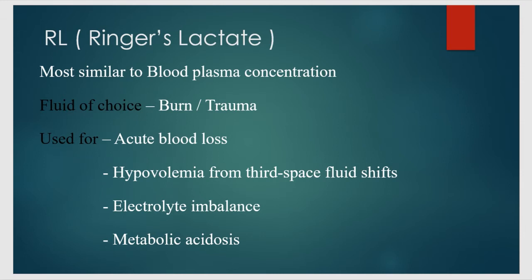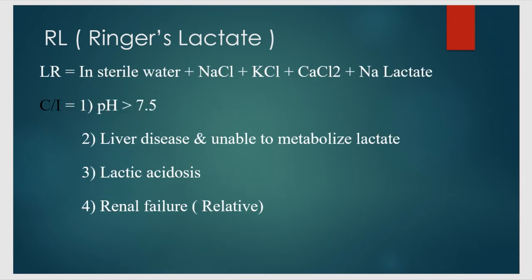Okay, and in metabolic acidosis, Ringer's lactate. Now another terminology sometimes used is lactated Ringer. That is a solution in sterile water. Solution of what? Sodium chloride, potassium chloride, calcium chloride, and sodium lactate in sterile water makes the lactated Ringer.